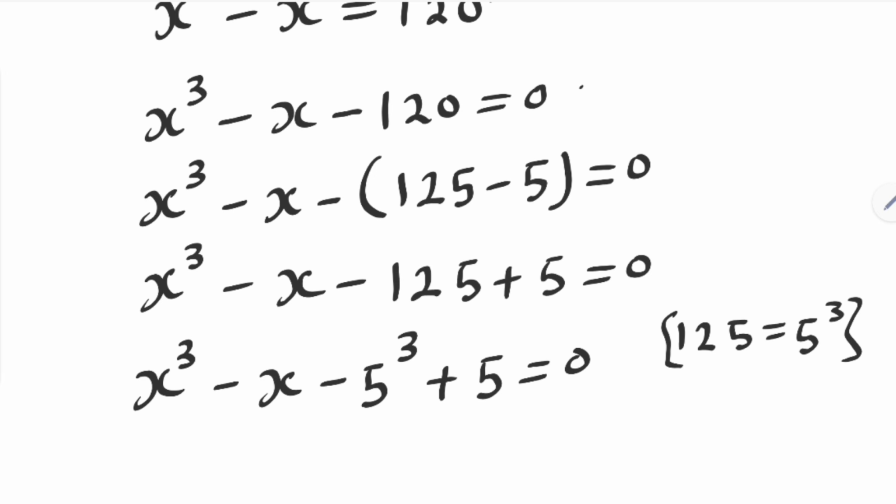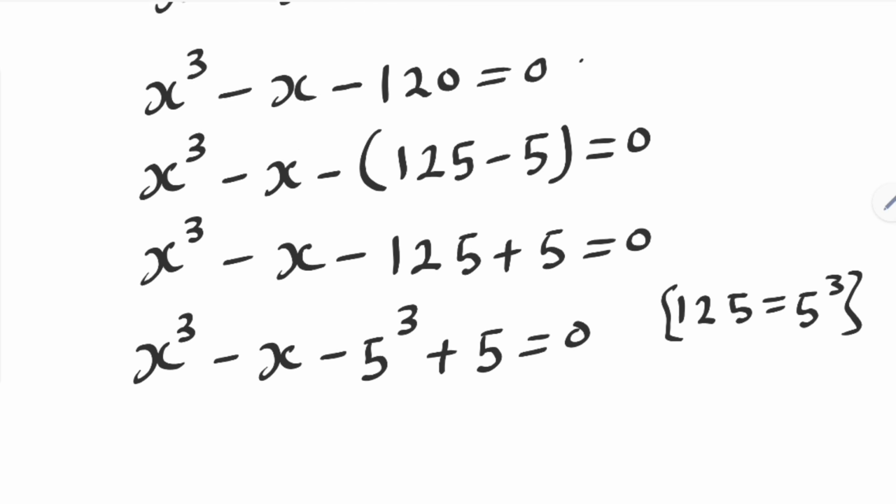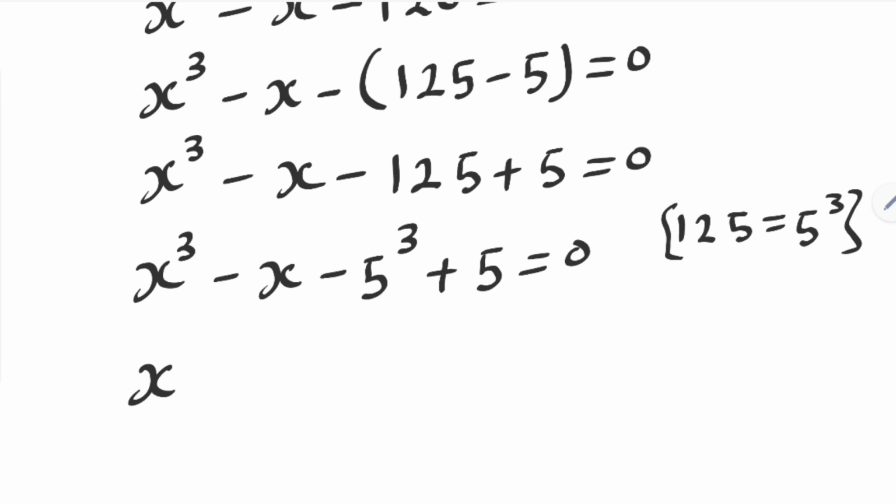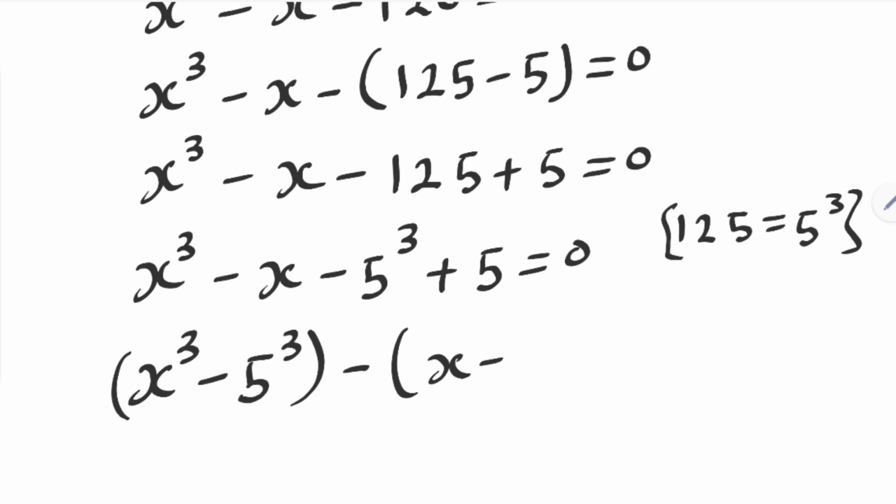Now this is s raised to power 3, this is 5 raised to power 3. Here is s raised to the power of 1, and this is 5 raised to the power of 1. Let us pair: s raised to power 3 minus 5 raised to power 3 in bracket, then minus, here is s minus 5, is equal to 0.